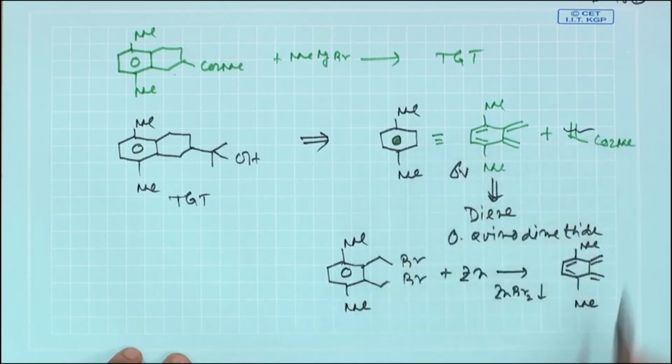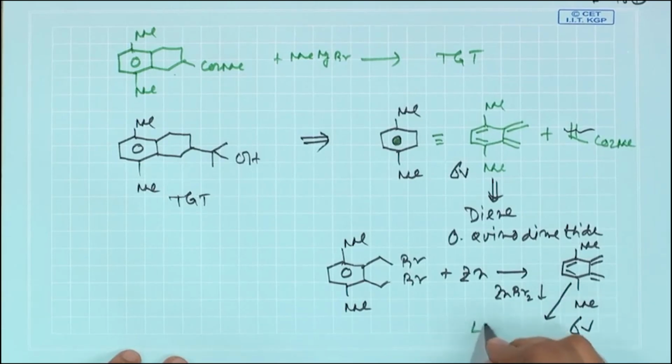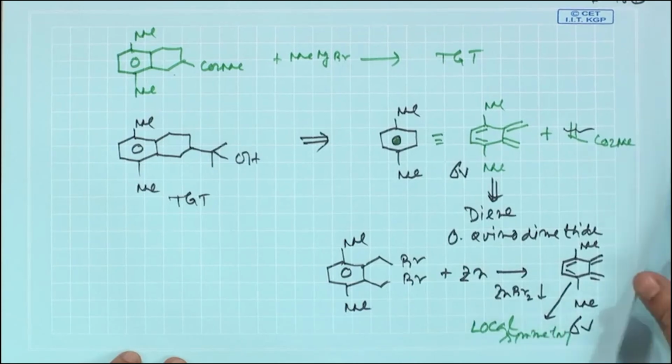You react with this dienophile. Now, this is sigma V, perfectly sigma V. So, this gives the local symmetry part in the target molecule. In this way you can basically consider.